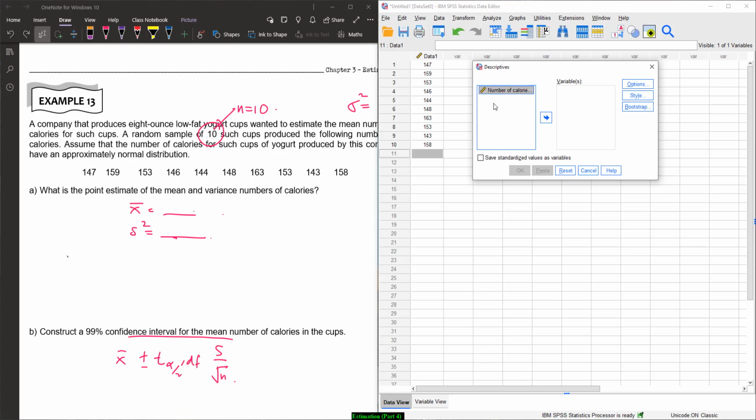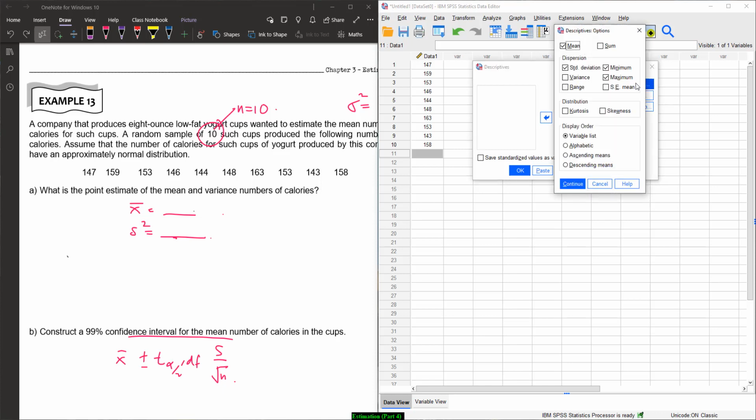So since you only have one variable, you letak satu je lah. So on the right hand side, we have a box for variables. So this is the box for which variable that you want to analyze, right? So let's say kita ada satu saja kan, kita masuklah this only one variable that we want SPSS to give us the value of mean and variance, right?